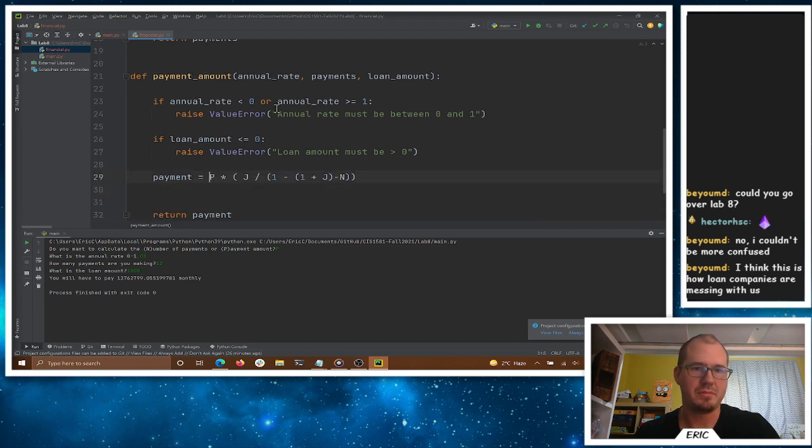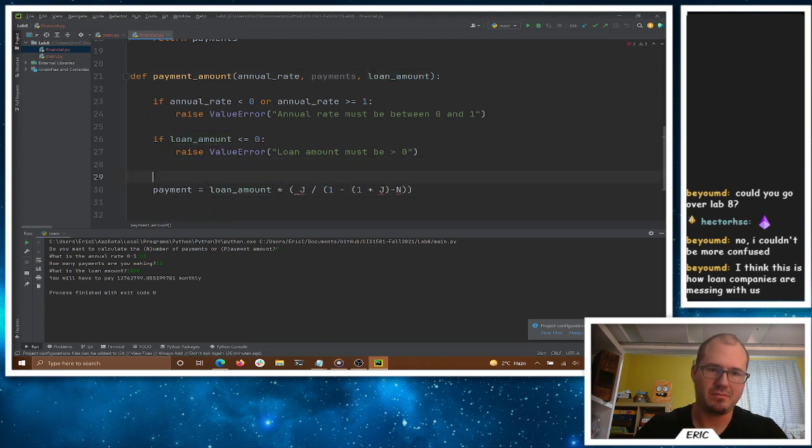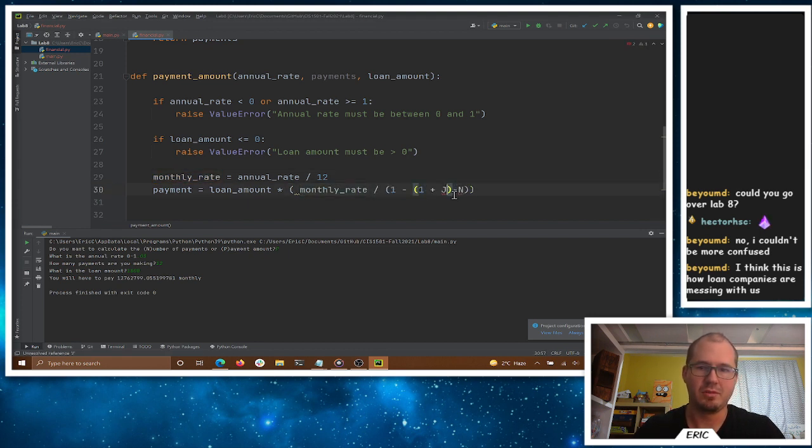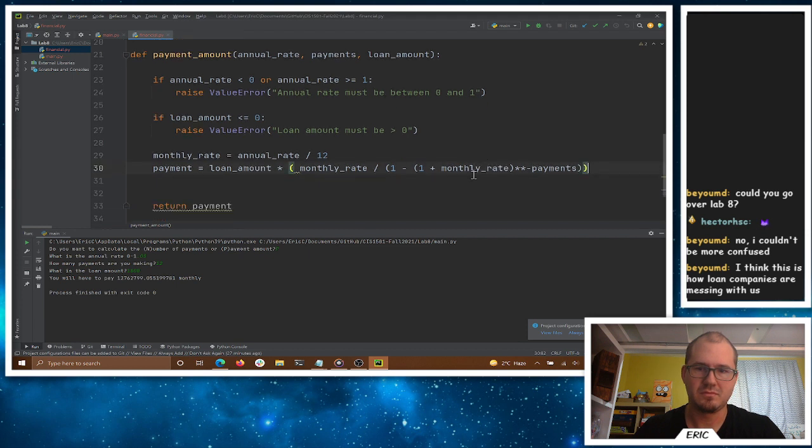All right, so P then is going to be our loan amount. Let's make this a little easier: monthly rate is our annual rate divided by 12. There's our monthly rate. 1 plus the monthly rate to the power of negative payments. Okay, I think we plugged all that in.